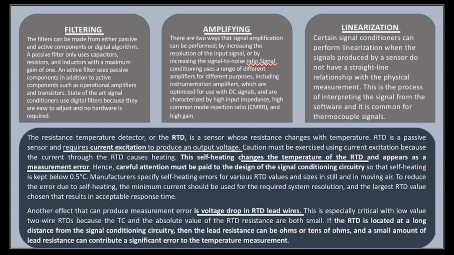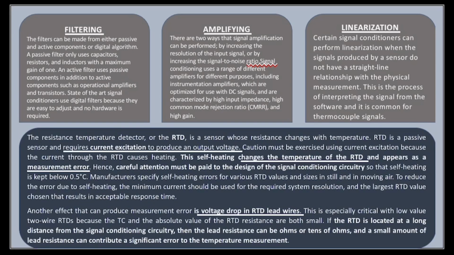The minimum current should be used for the required system resolution, and the largest RTD value chosen that results in acceptable response time. Another effect that will cause measurement error is voltage drop in RTD lead wires. This is especially critical with low-value 2-wire RTDs because the TC and the absolute value of RTD resistance are both small.